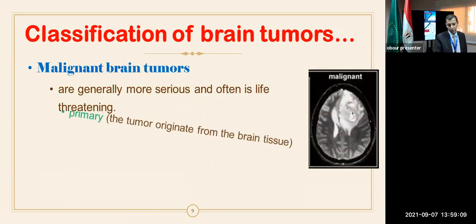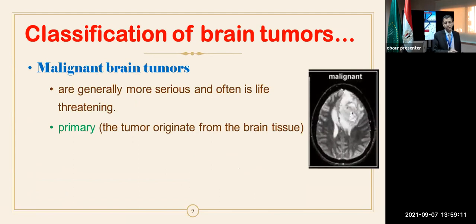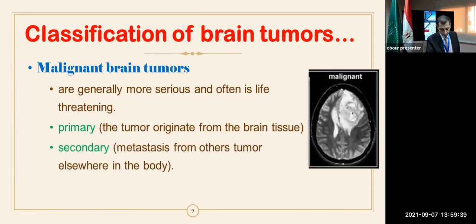On the other hand, it is very serious and generally has a very harmful effect on the human brain. If the abnormal cell started inside the brain, it is called primary. The other way, if it starts outside the brain and extends inside the brain, it is called secondary type.